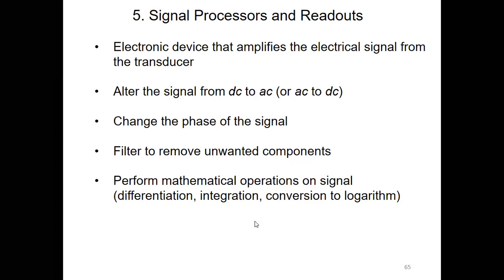And sometimes these signal processors will perform mathematical operations like differentiation, integration, conversion to logarithm. All these mathematical operations will be performed by the signal processors. For example, if we get a spectrum, let's say a Gaussian type UV spectrum, and we need to get the derivative, there are some options in the UV instrument.